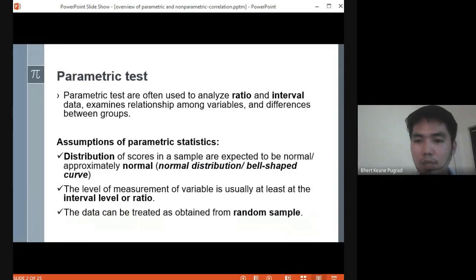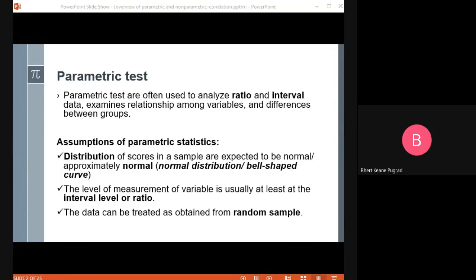When we say parametric tests, they are the statistical tests that are used to analyze ratio and interval data, and this examines the relationship among variables and the differences between groups. The parametric test can be used if the data that you are analyzing are classified as ratio or interval.